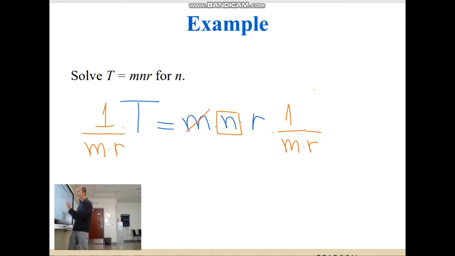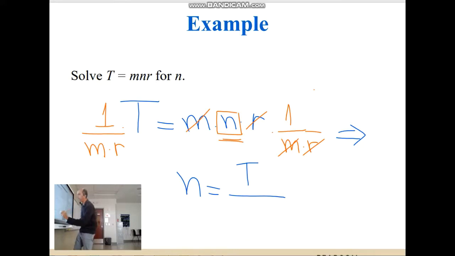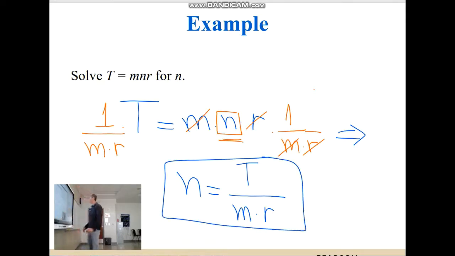And this way you will simplify this and have only n on this side, and by changing just a little bit, we can switch sides, and we have 1 times t is t over m times r. This is the solution. This is how we solve an equation for a specified variable.